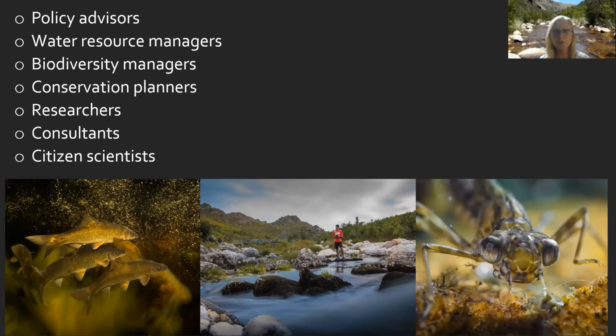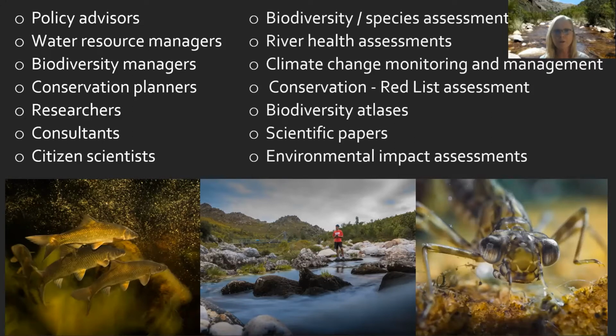The sorts of things that we use biodiversity data for include biodiversity or species assessments. We use it for river health assessments or ecological status assessments. Very important for climate change monitoring and management. If you don't know what's there in the past, how can you possibly track trends and change over time in response to global climate change?